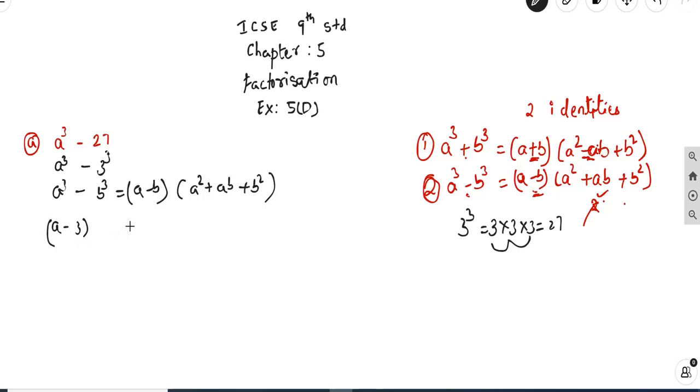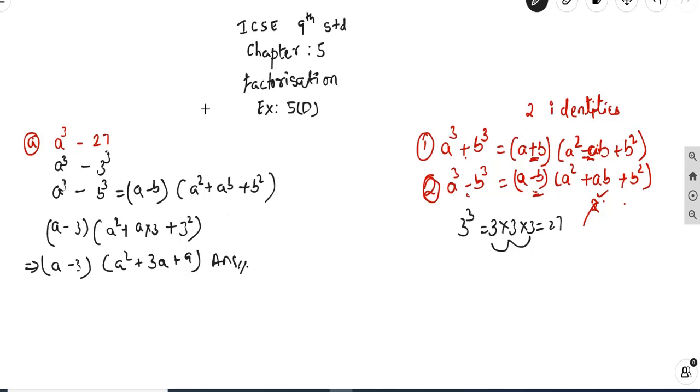So a square plus a into 3 plus b square, which is 3 square. One more step: a minus 3 into a square plus 3a plus 9. So this is the answer for question number 1.